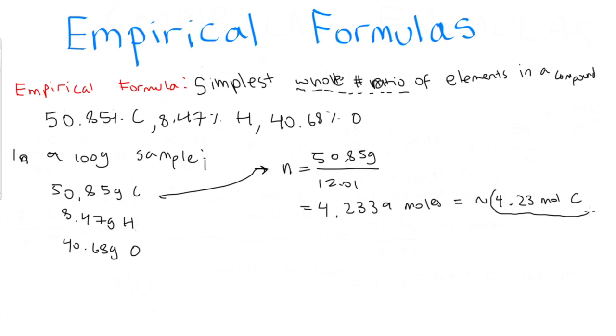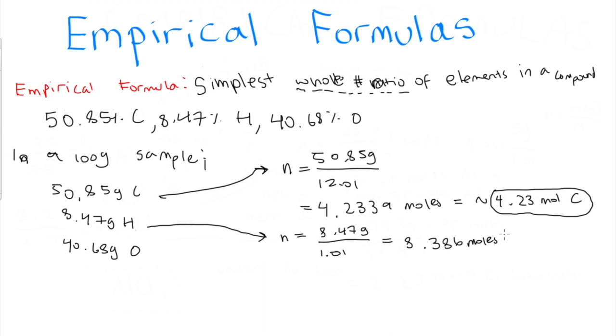That's our first thing. The second one, hydrogen: n is equal to 8.47 grams divided by a molar mass of 1.01. And so that gives us 8.386 moles, or approximately 8.4 moles of hydrogen.